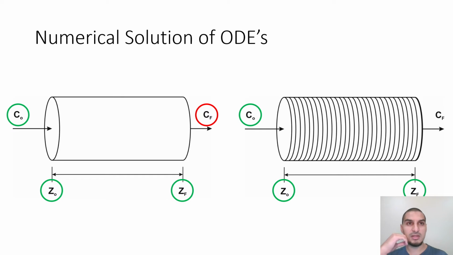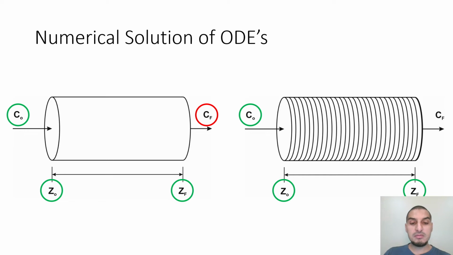If the whole length of the plug flow reactor is 1 meter, you can make the increment 1 centimeter, 0.5 centimeter, or 1 millimeter. It's up to you. Of course, as you decrease the size of the increment, the accuracy gets higher, because you are getting more points, and this makes the solution more accurate.